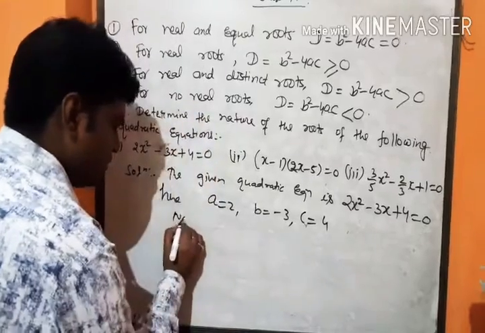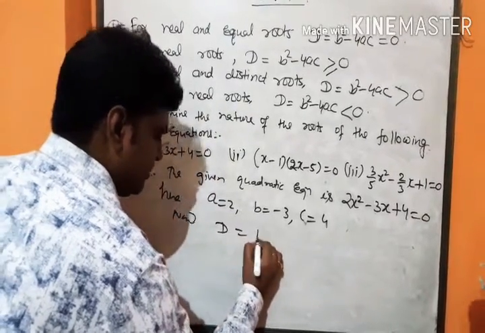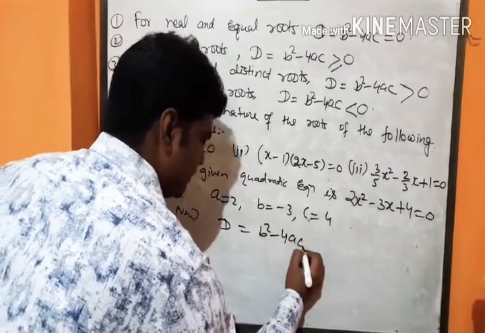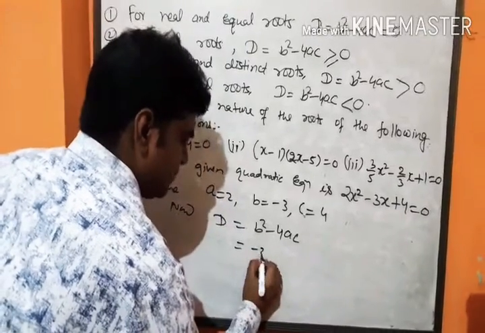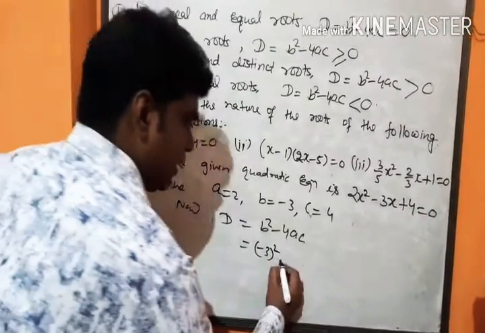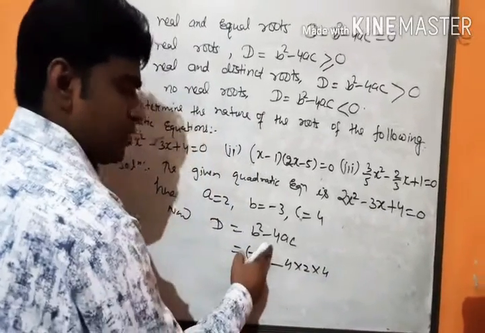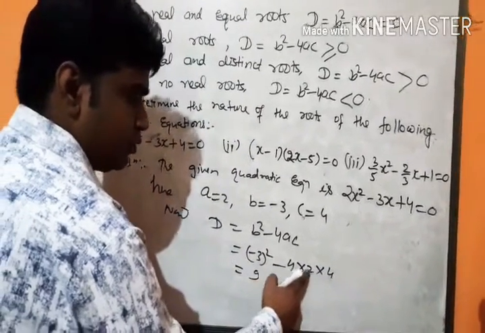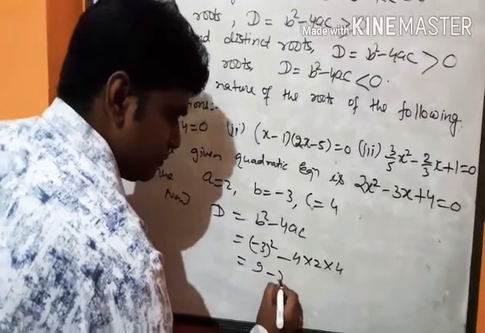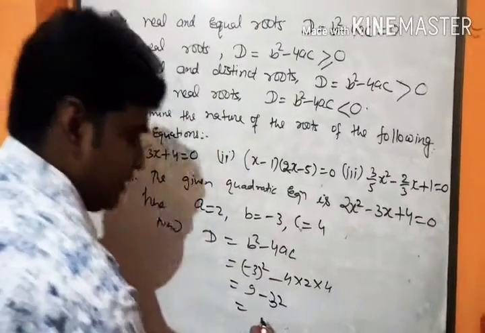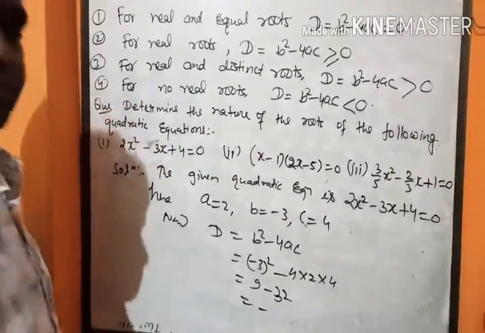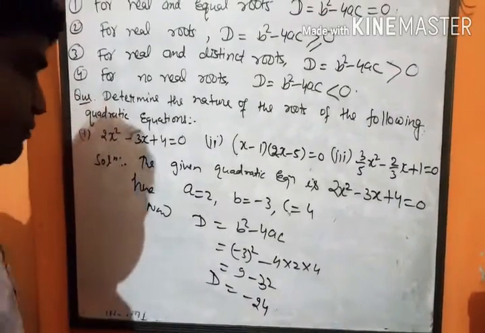Now d equal to, we know that b square minus 4ac, b gives minus 3 whole square, minus 4 into 2 into 4, it gives 9 minus 32, it gives negative, d equal to minus 23.